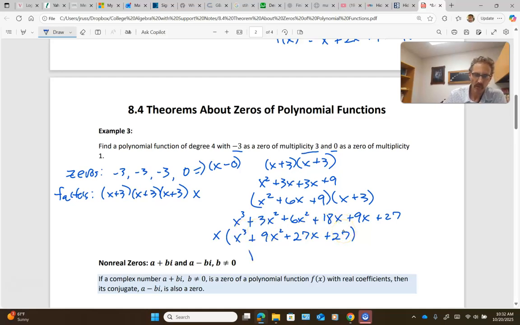So we're going to get for our function x to the 4th plus 9x to the 3rd plus 27x to the 2nd plus 27x. So we end up not having a constant, or you could say our constant is 0. And that's it. This is a 4th degree polynomial here, if you notice.